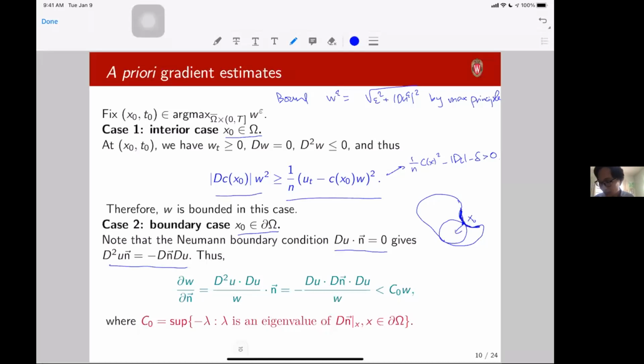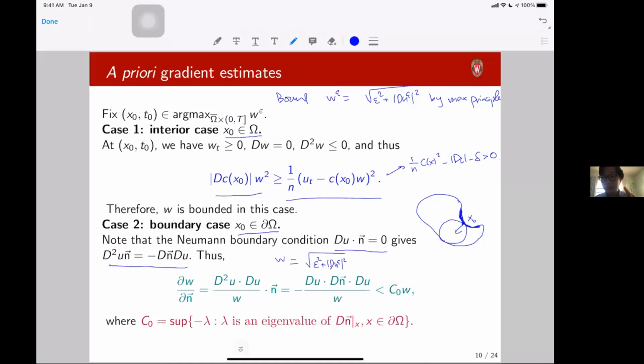So the computation on the surface is going to allow us to come up with d squared u times n equals minus dn times du. And recall that w equals the root of epsilon square plus du epsilon square. So if we compute, right, because we are doing the maximum principle for w, right?